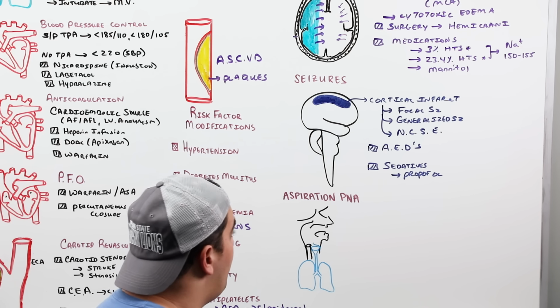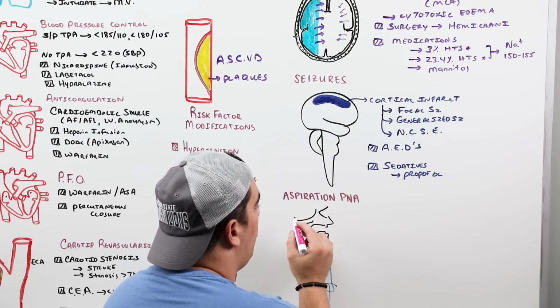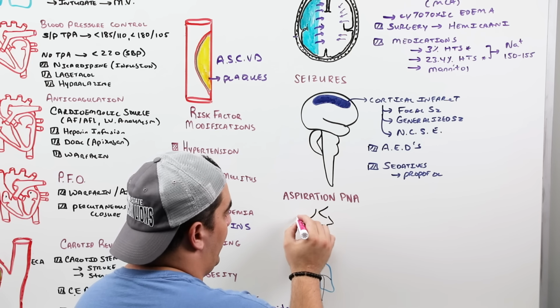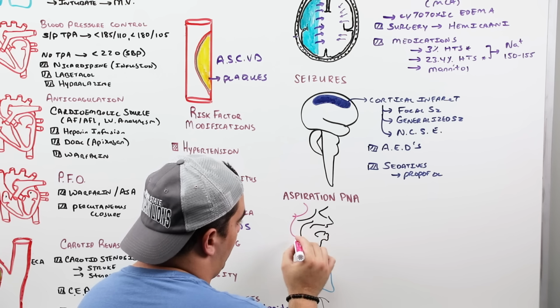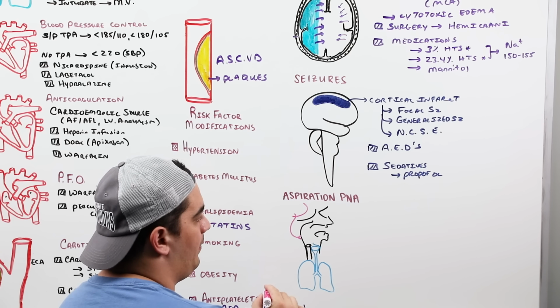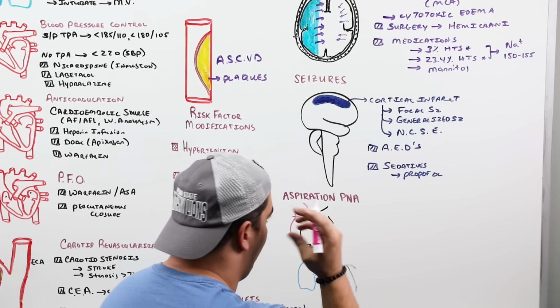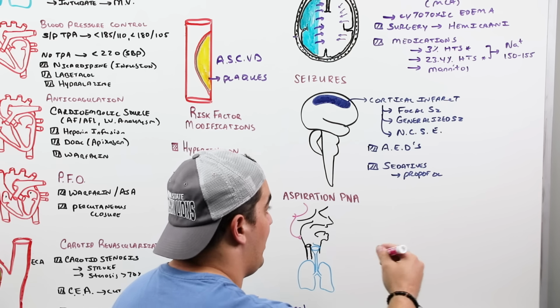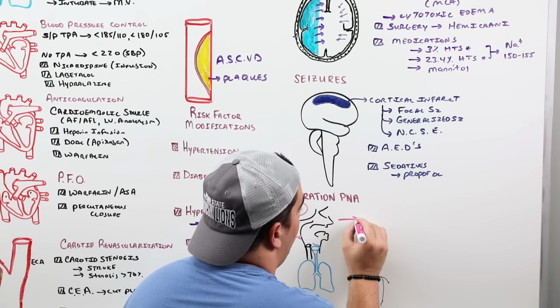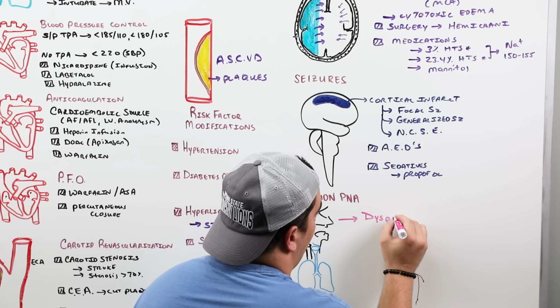So aspiration pneumonia. This can happen because if someone has an infarct right within the brain tissue, so let's say here's the brain tissue, nerves are going to be coming down here to control swallowing, right? There's a lot of nerves that control swallowing, and if you infarct a part of the brain tissue that is involved in that, they can develop something called dysphagia.